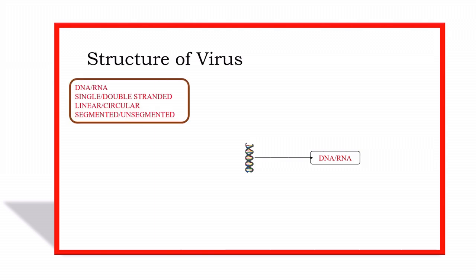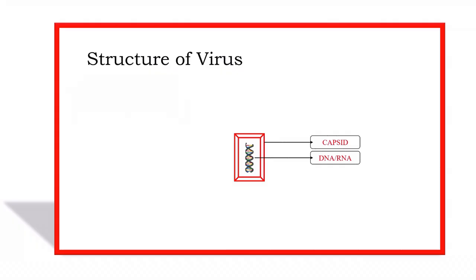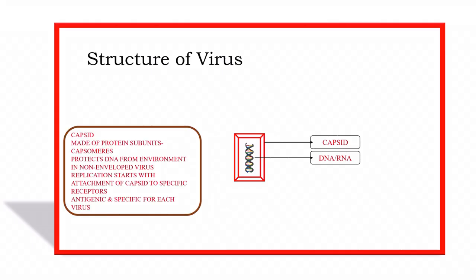Then we spoke about the capsid, which is the covering of the genetic material. After that, we spoke about the envelope, the surrounding safety measure for the virus, and how the envelope is produced: it is taken from the human cell when the virus comes out in the budding process.